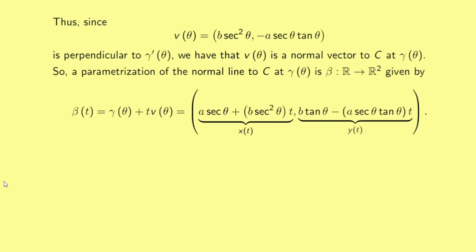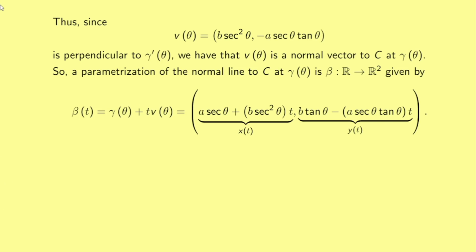And to find the parameterization of the normal line at this point gamma of theta, we can use this one, beta, defined this way. It's just gamma of theta plus t times the vector.